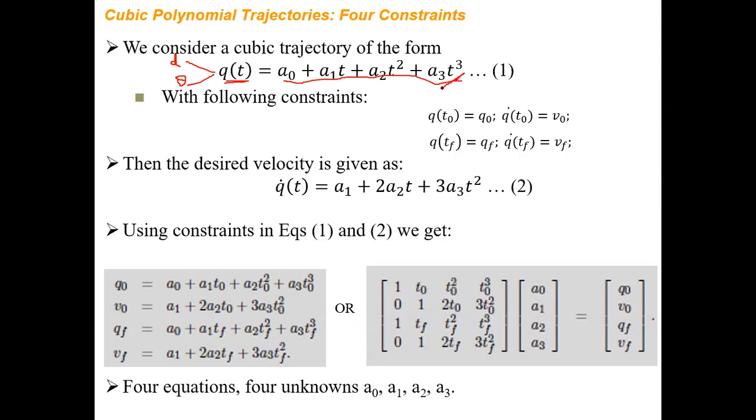That's what cubic means. Now, how many constraints can this trajectory handle at most? It can handle 4 constraints. It cannot handle more than 4. Using those 4 constraints, you can figure out a0, a1, a2, and a3. That's my final goal. Remember, y equals f(x), or f(t) in my case.